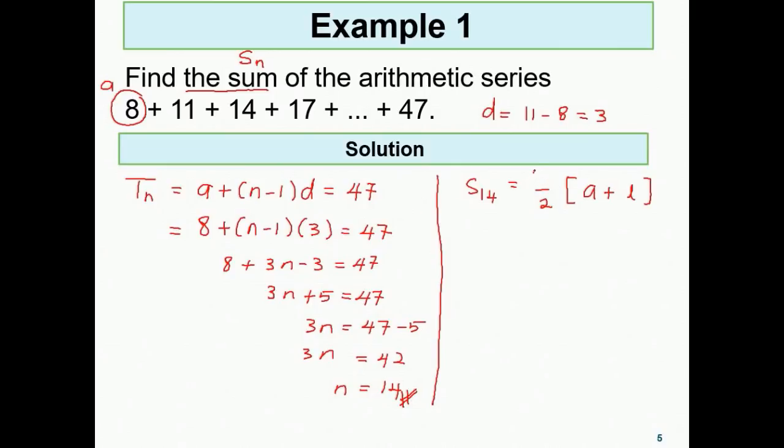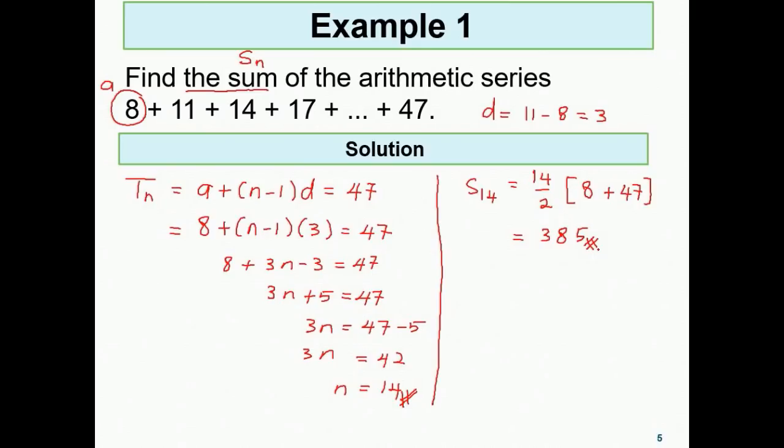So 14 over 2. Now we know our a is equal to 8, so substitute with 8. And our l is equal to 47, so substitute l with 47. And now calculate the answer. So the answer is equal to 385. So this is the answer for example 1.